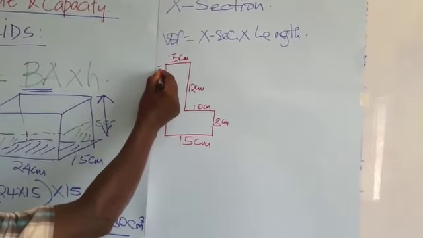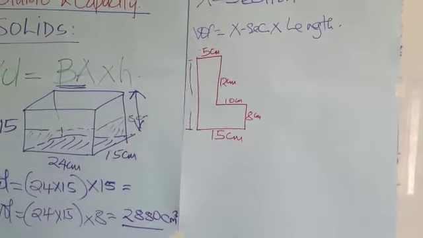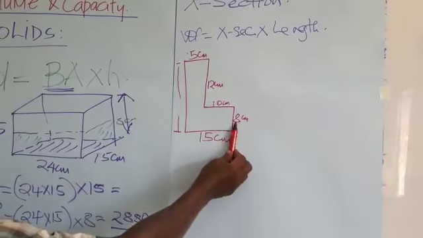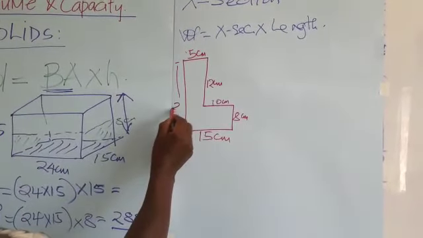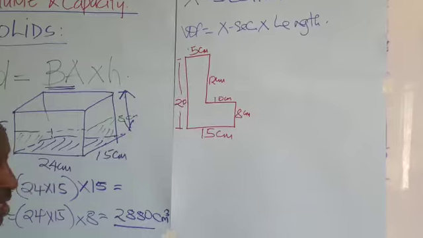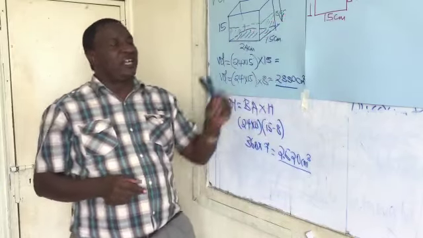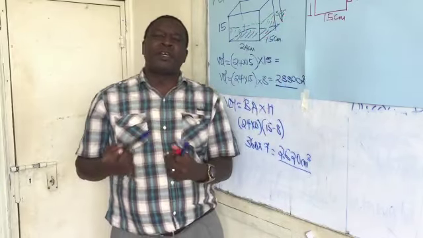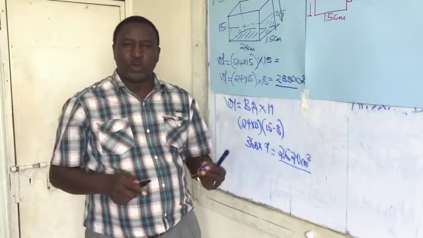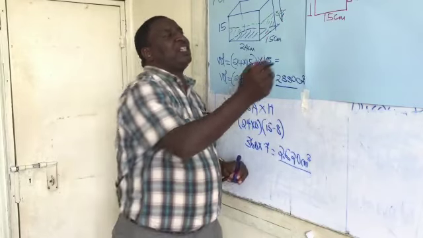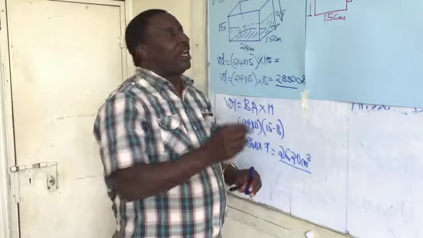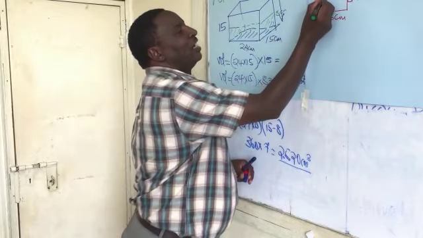What about here? The total line height there should be 8 plus 12. That gives us 20. So if we wanted to get the area of this figure, we'll be creating 2 rectangles.